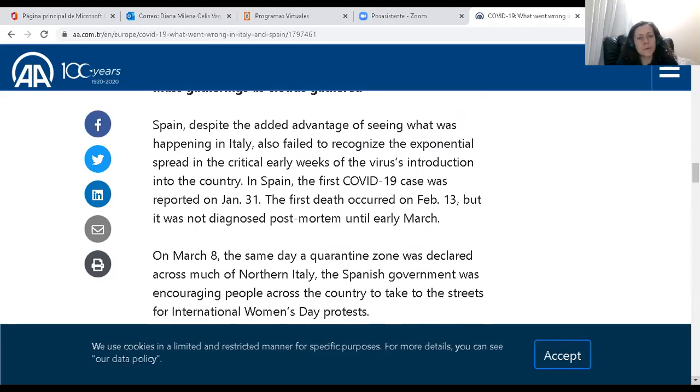Spain, despite the added advantage of seeing what was happening in Italy, also failed to recognize the exponential spread in the critical early weeks of the virus's introduction into the country. In Spain, the first COVID-19 case was reported on January 31st.